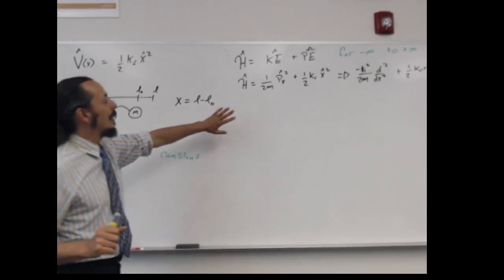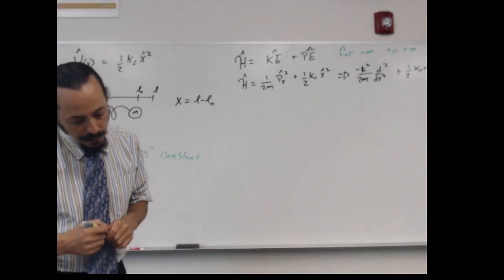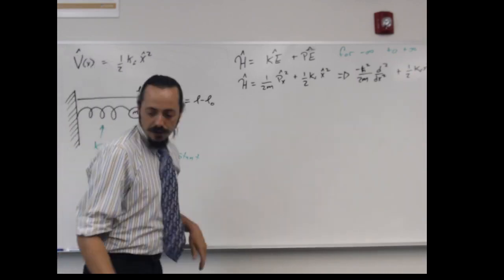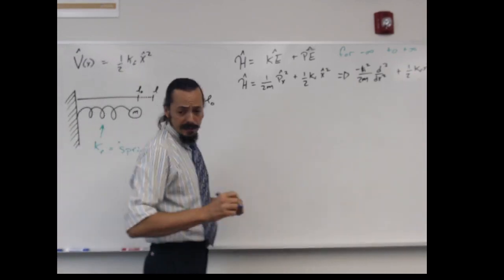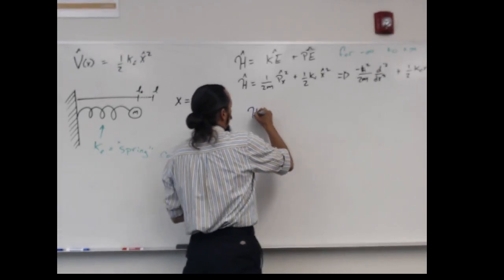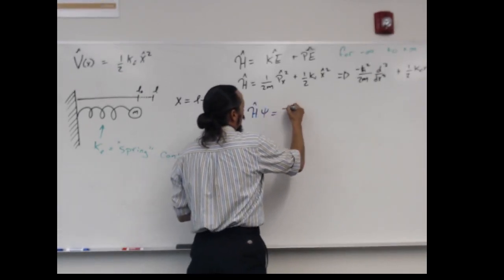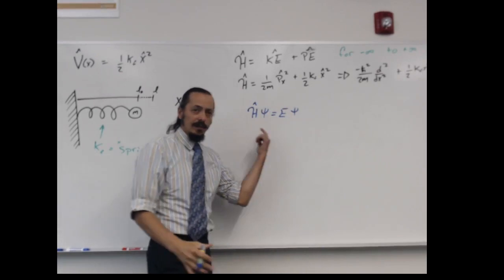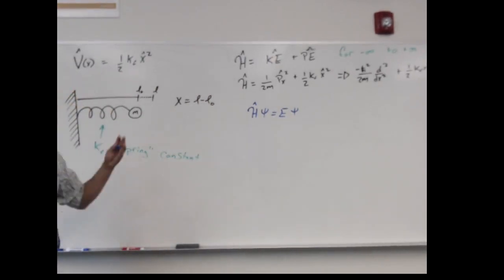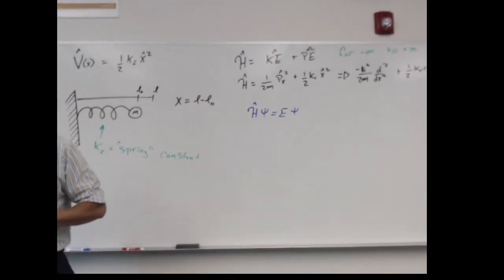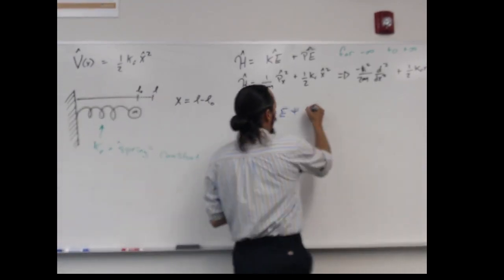But we start with saying, okay, let's actually solve this when we set it up. So I'm going to go ahead and say we've got some H hat psi equals E psi. We always start with the same type of idea. We don't know what the psi's are yet. Part of what we have to do is determine what the psi's are.